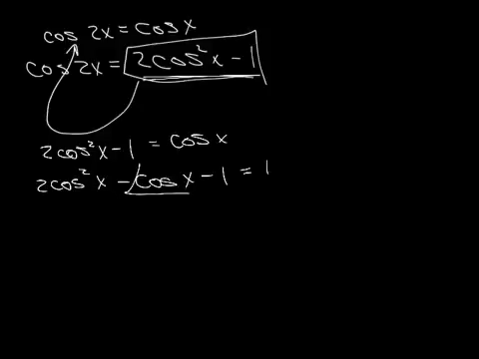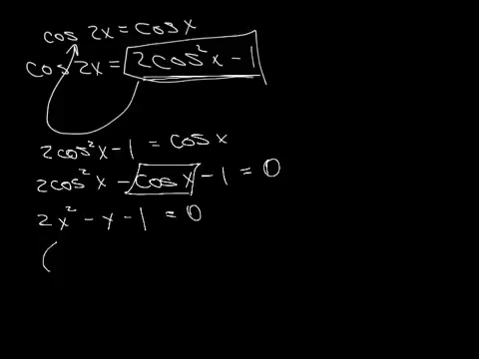And again, we're going to replace that with x. So this becomes 2x squared minus x minus 1 equals 0. And to me, again, it just makes it easier because then I can factor it into two binomials: 2x plus 1 and x minus 1.